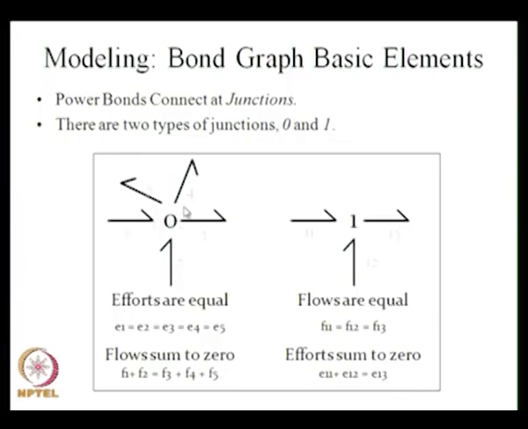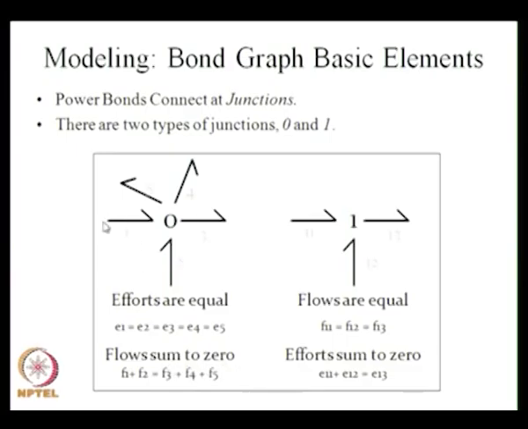The 0 junction is known as a common effort junction. We say this is a common effort junction because all the efforts are equal in this junction. We have 1, 2, 3, 4, 5 bonds here, and all these bonds have the same effort. So E1 is equal to E2 is equal to E3, E4 equal to E5. Here you have all the efforts equal and the flows sum to 0.